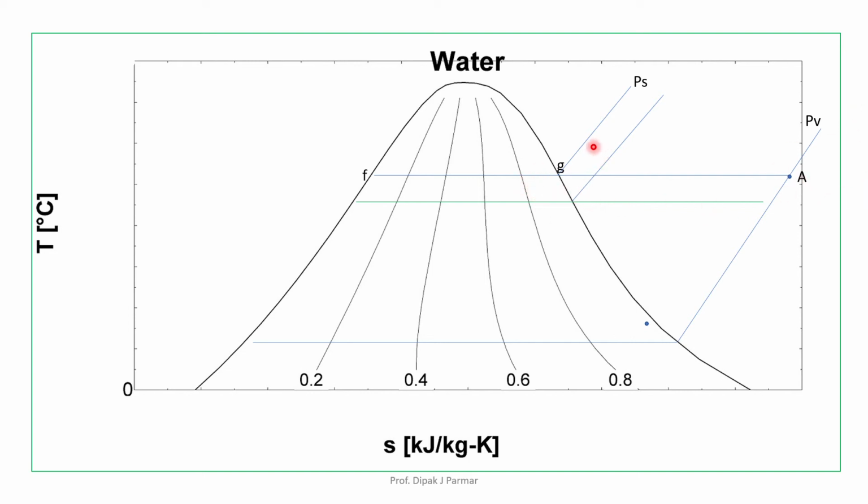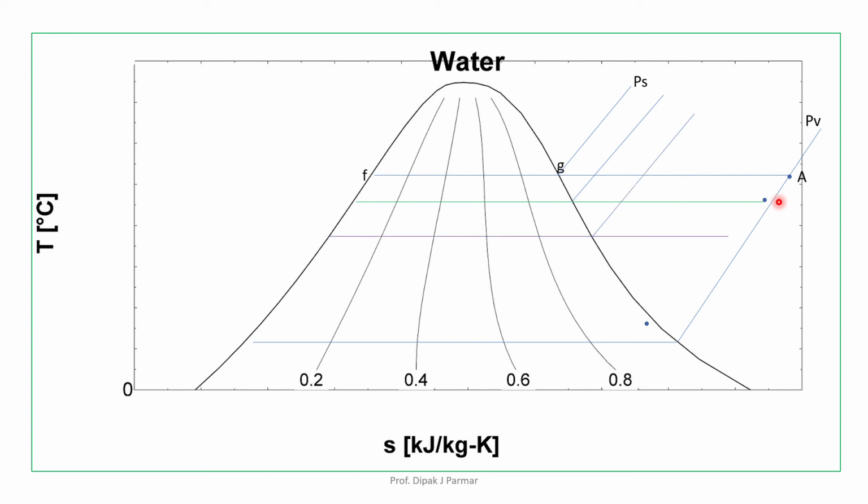So the evaporating water will take heat from the water itself, and when it is converted into vapor, there will be an increment in the partial pressure of water vapor, and a decrement in the temperature of the water present on the wet cloth. So the water temperature will be shifted to this point, and the partial pressure of the air after addition of the vapor will be shifted to PV1 here.